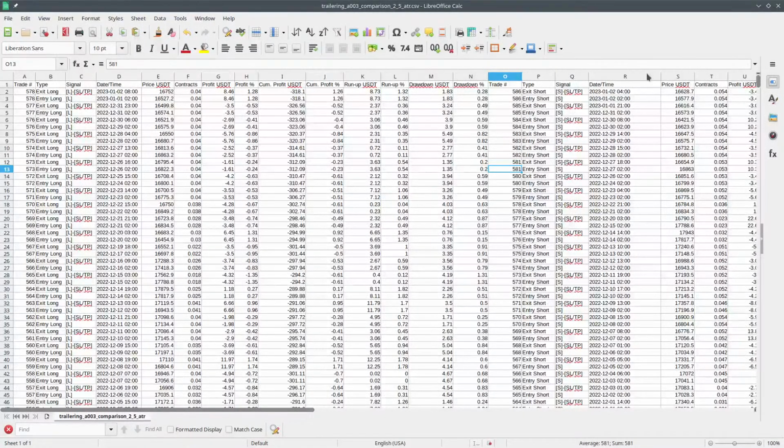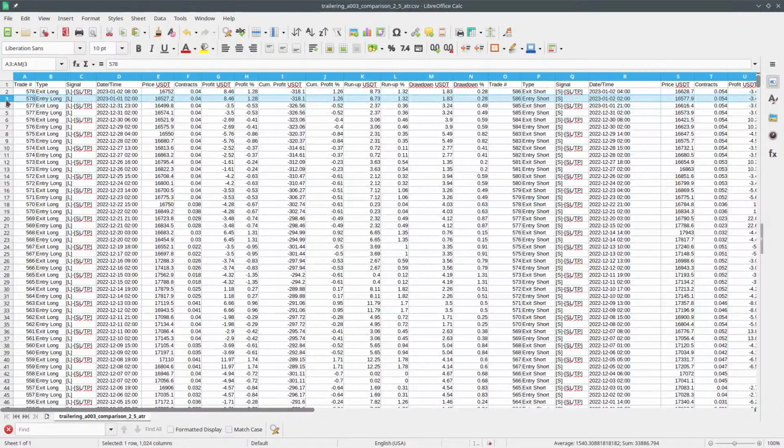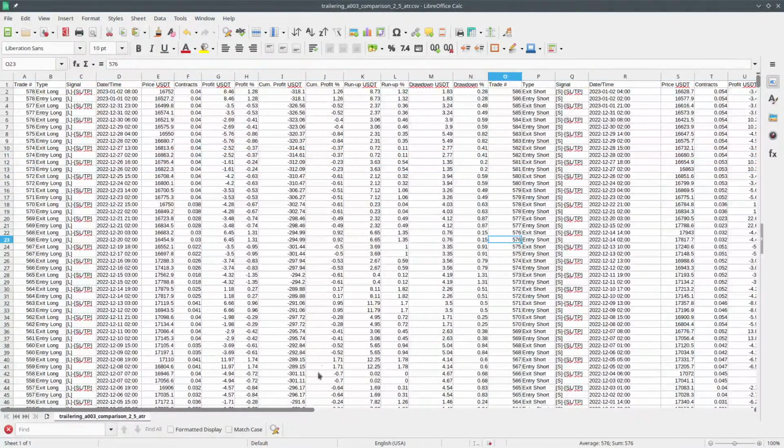Wait a moment. Entry short is 2 AM. Okay, so this is the same thing, if you ask me. What I'm interested in is that the entry time is always the same one. So, yeah, as it's 24 hours, it's most of the time this is right, and we should not modify anything.